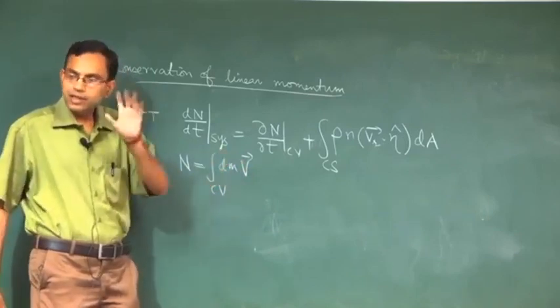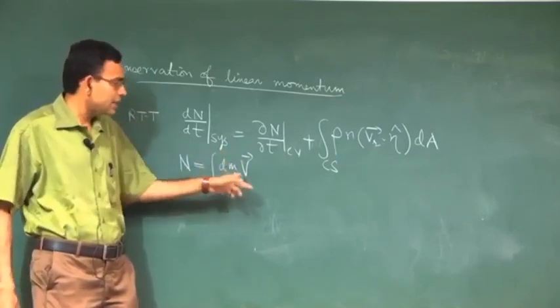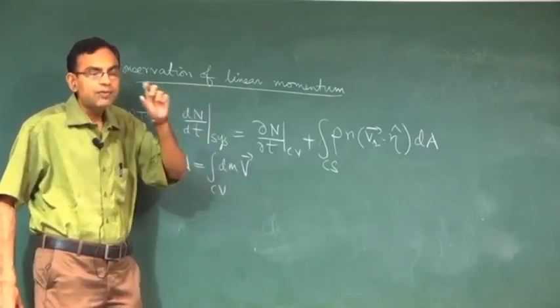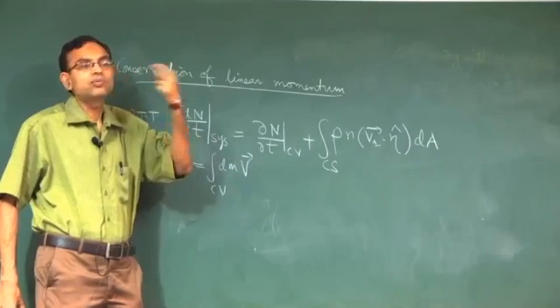I mean conceptually it is mV, but fundamentally it is this, because the fluid is continuously deforming, every elemental mass may have its own velocity.